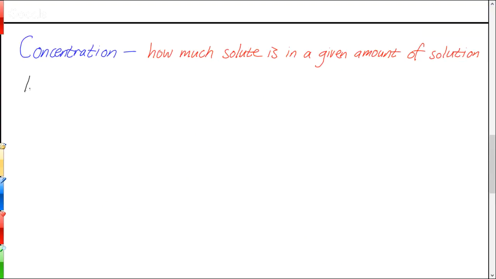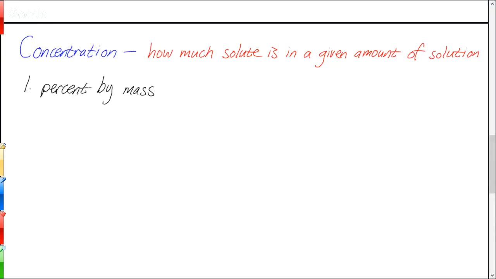The first one is called percent by mass. And this just answers the question, what percent of the total is solute? And then the rest of the percent is solution, everything else.